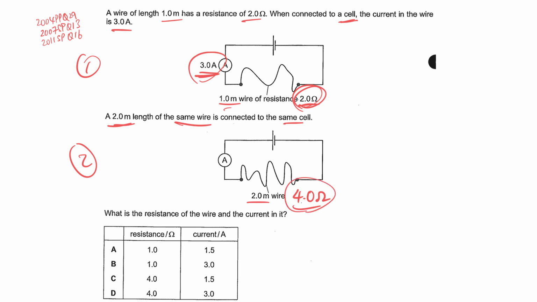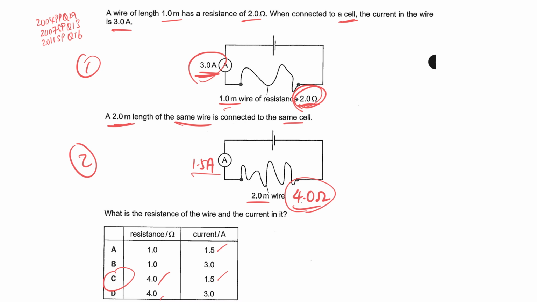But now the resistance is double, so the current will not be the same, but rather it will be half. Therefore, it's 1.5. So using this reasoning, you can get the answer very easily. The current is 1.5 and the resistance is 4 ohms. So the answer will be C.